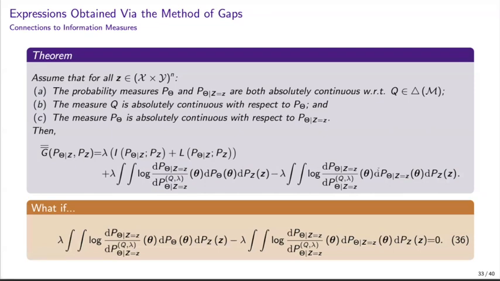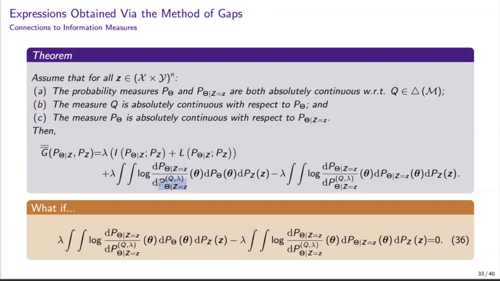So we will obtain a very beautiful expression that says generalization error is exactly lambda times mutual information plus Lautum information. And it's very easy to see that if the algorithm that we are studying is the Gibbs algorithm, right?